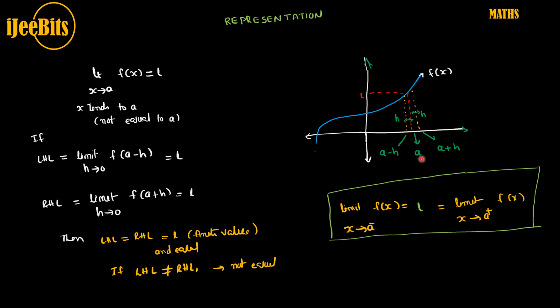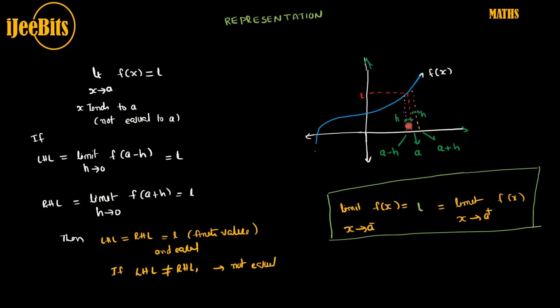Initially we were saying x tends to 0, now you're talking about x tends to a. When x tends to a, for this f of x function, again you have to apply LHL and RHL.